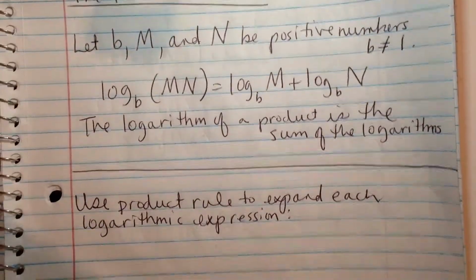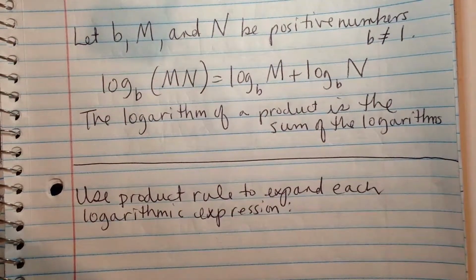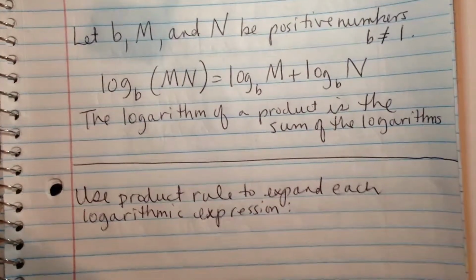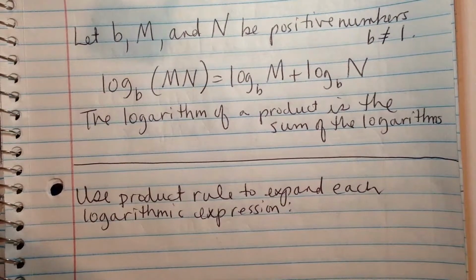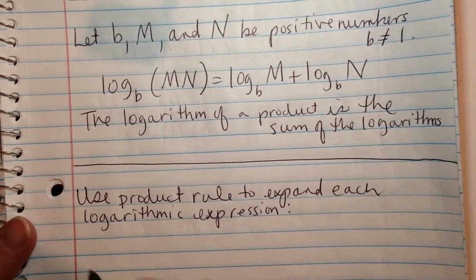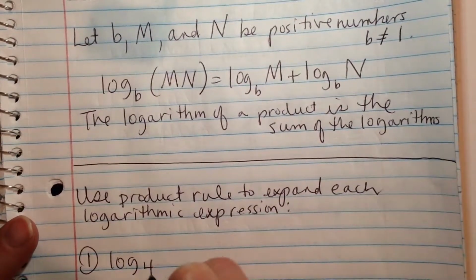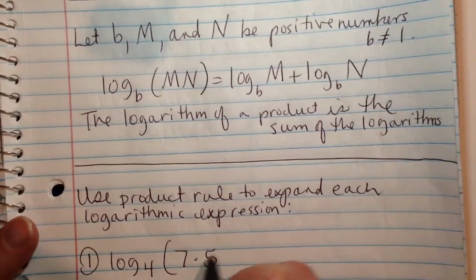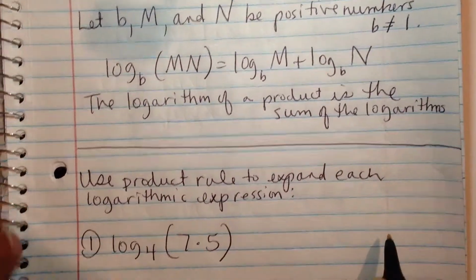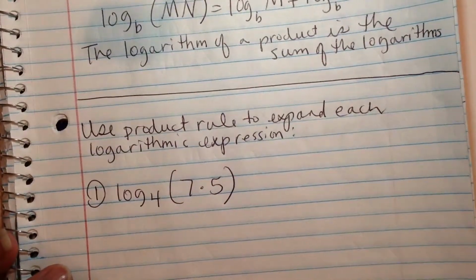Alright, we use the product rule to expand logarithmic expressions. So what I first want to do is work a problem, and let's use the product rule to expand these logarithms. We're going to work two different ones. So let's look at this first one here.